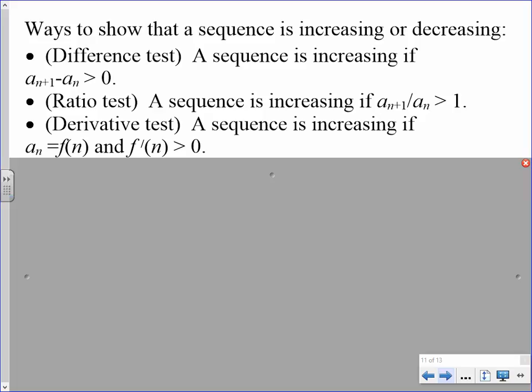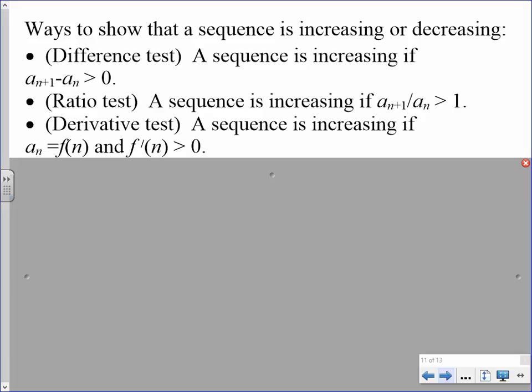So at one value of n it could be true, but at another value of n it could be false. That's why it's important to think about the domain of 1 to infinity. Is it true for that entire domain? Is this true for all positive integers?